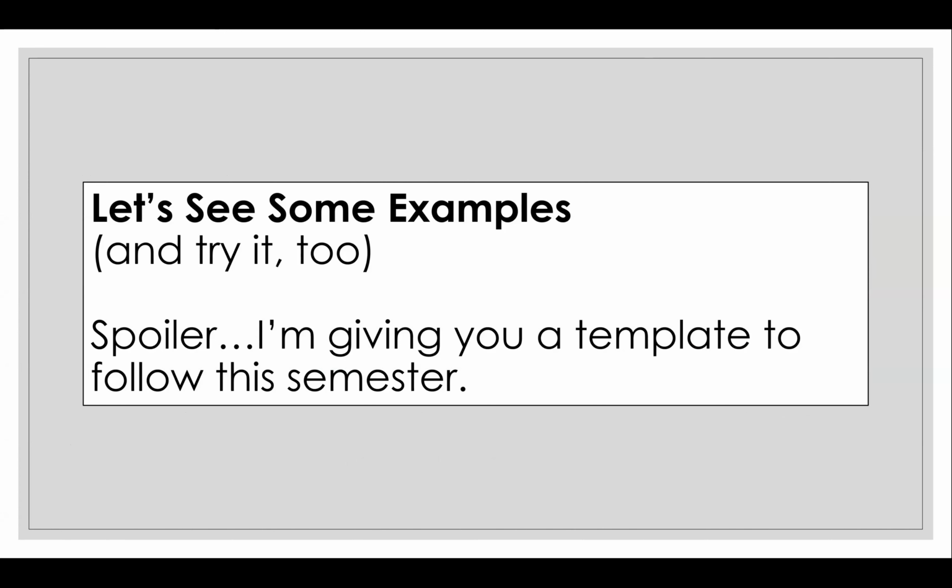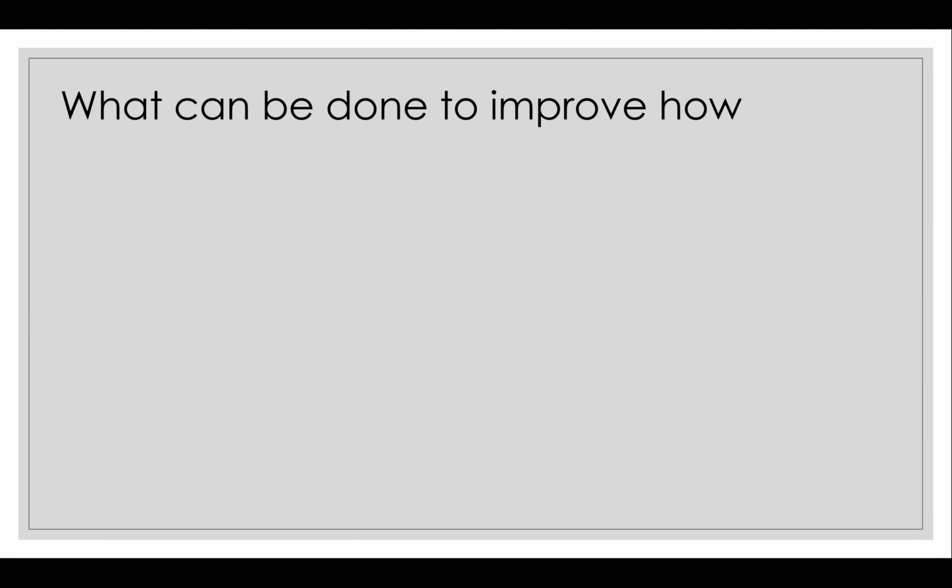So let's see some examples. My spoiler is that I'm going to give you a template to follow this semester to make your research question. So let's start off. What can be done to improve how? So I've got my interrogative there, thinking about, for those of you who have ever taught English, right?